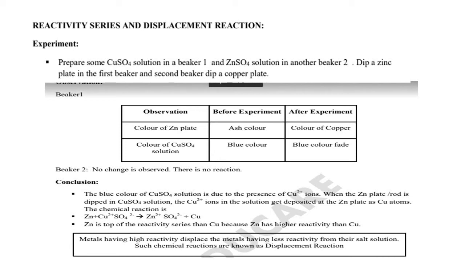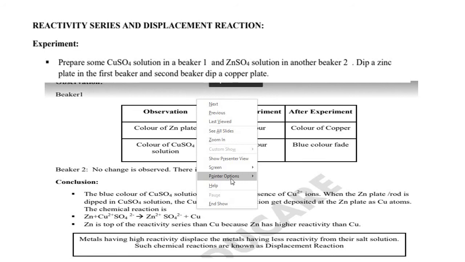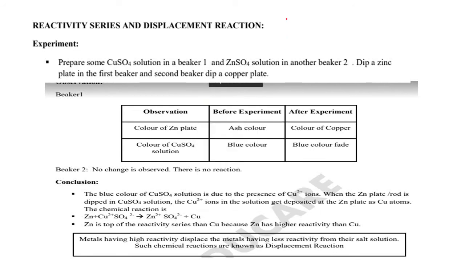Next, what you have to do is dip a zinc plate in the first beaker, and in the second beaker dip a copper plate. So this is beaker 1 and this is beaker 2. In the first beaker you have copper sulfate solution, CuSO4 solution.